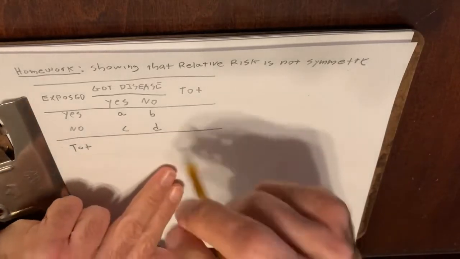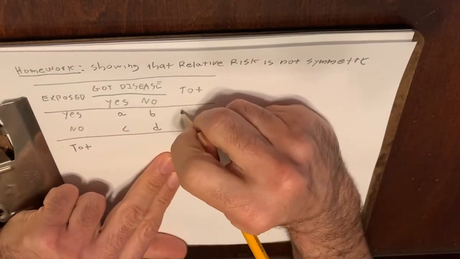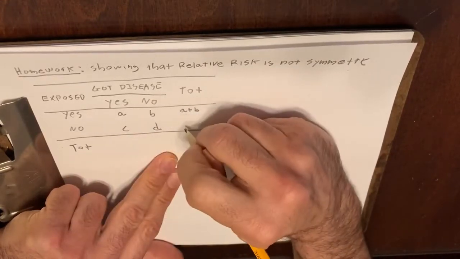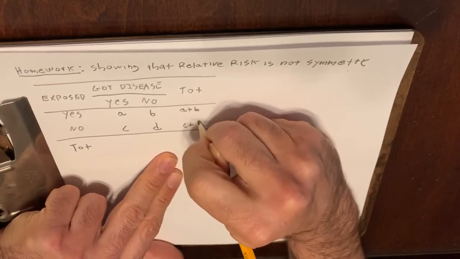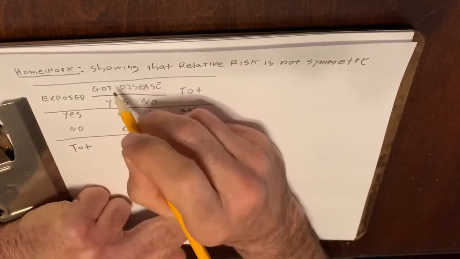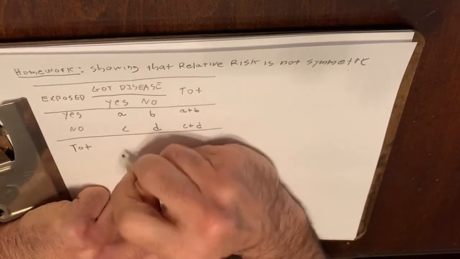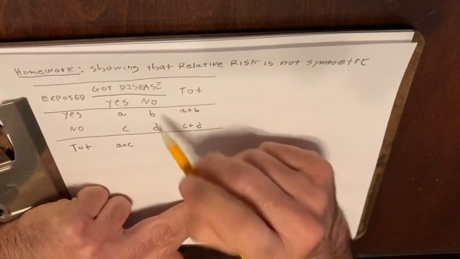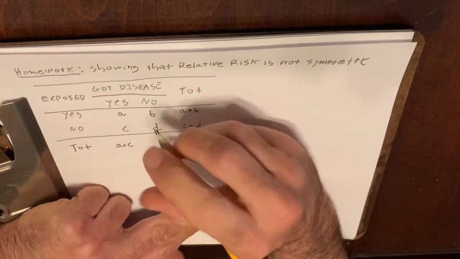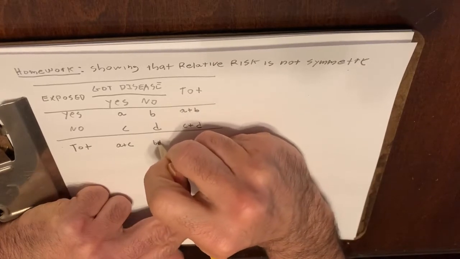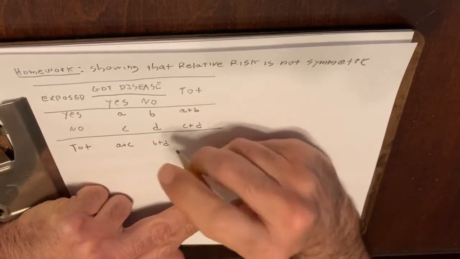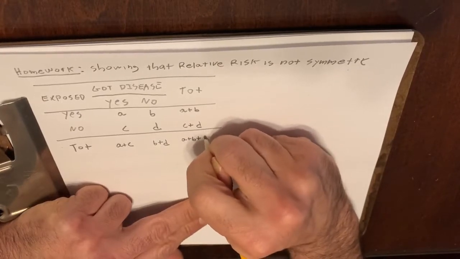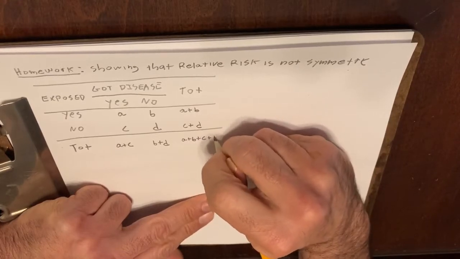And by now you know this is the first row marginal, which is A plus B. This is the second row marginal, which is C plus D. This is the first column marginal, which is A plus C. And this is the second column marginal, which is B plus D. And we have the grand total, which is A plus B plus C plus D.